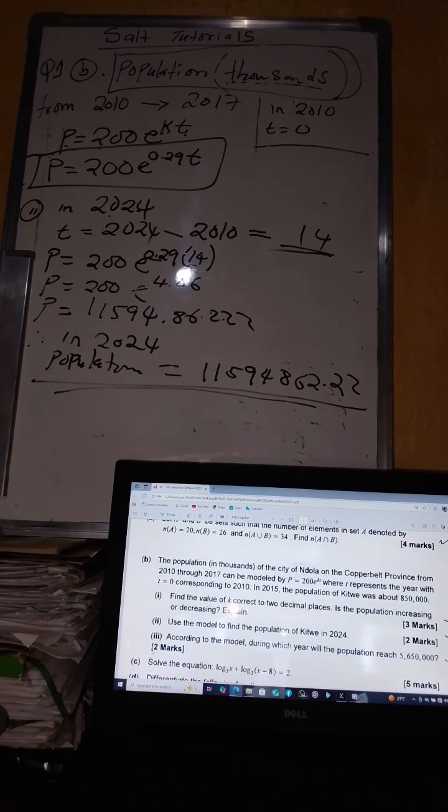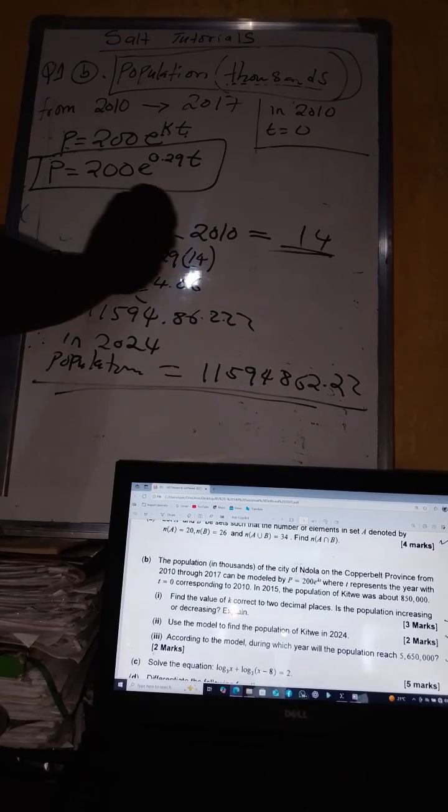The next part is us now finding, according to the model, which year the population will reach 5,650,000. So in which year are we going to experience that? So we still go back again to the model. So this is 2, we go to 3 now.